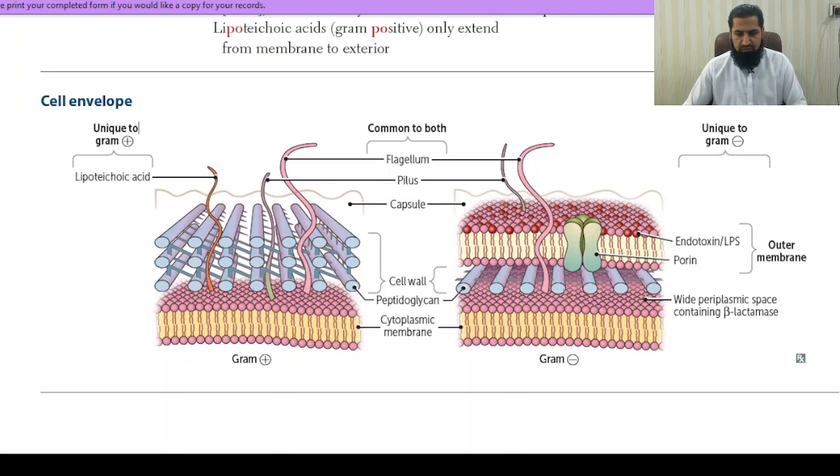This space is called the periplasmic space. This space contains the beta lactamase enzyme which cleaves the beta lactam rings of the penicillins. This is unique about the gram negative bacteria, and there are also some similarities between these two.